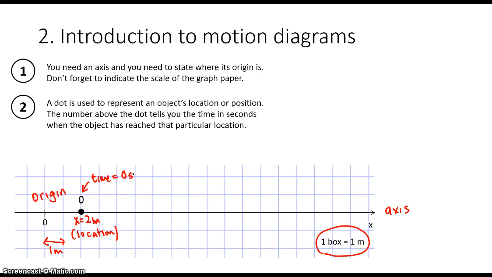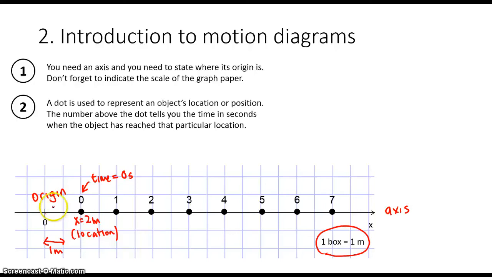We can have more than one dot to represent the object's motion. For example, 1 second later, this is where the object is, and at time equals 2 seconds, this is where the object is. At time equals 3 seconds, that's where the object is. 4 seconds, 5 seconds, 6 seconds, 7 seconds. So the dots will tell you where the object's location is.